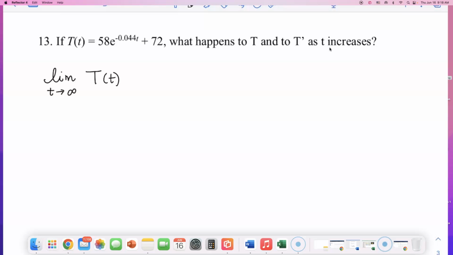And the answer to this will tell me, it better come out to be 72, right? So let me do that first, okay? So limit as t approaches positive infinity of 58 e to the negative 0.044t plus 72.